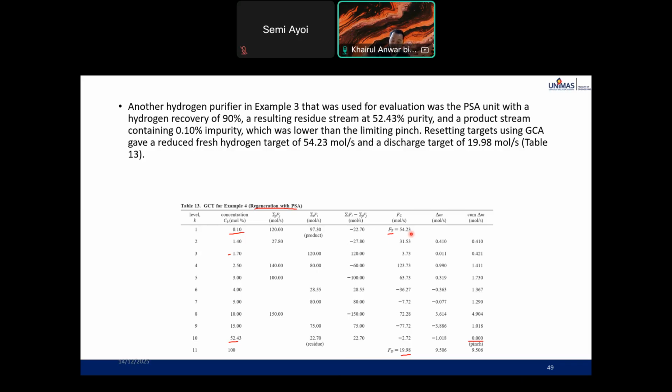But using PSA, although the recovery is around 20% with concentration of 0.1, which is much better, you can reduce the fresh hydrogen target by half, 4.23%. And the discharge is very, very low, 20 mole per second.